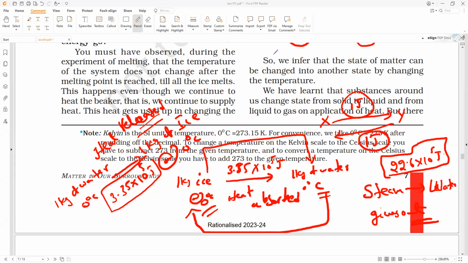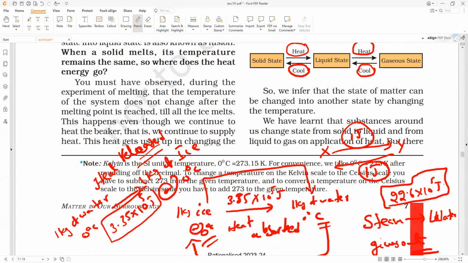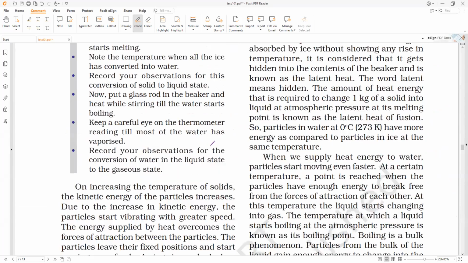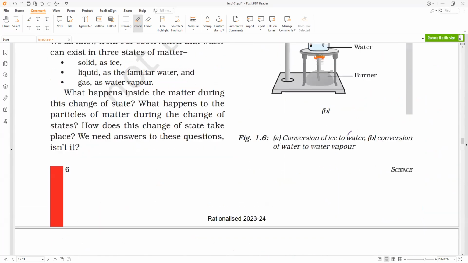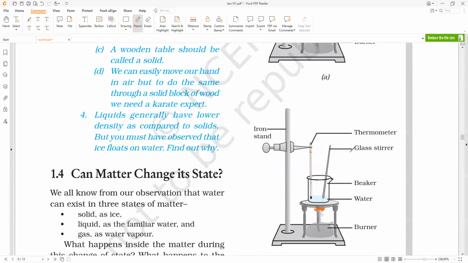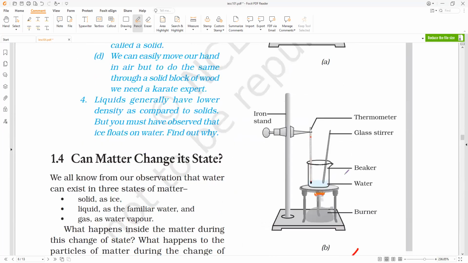You have to read everything, including each and every part. Today's reading work is till page number 7, including this activity. See, this activity is the conversion of ice to water, and the conversion of water to water vapor. One activity converts ice to water, another converts water to the gaseous state.